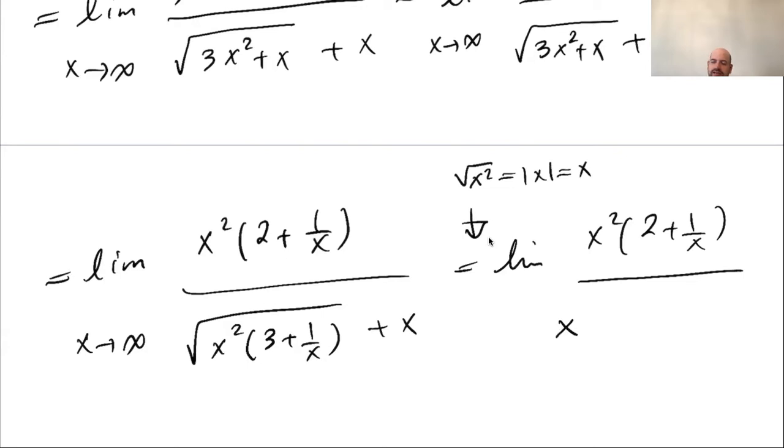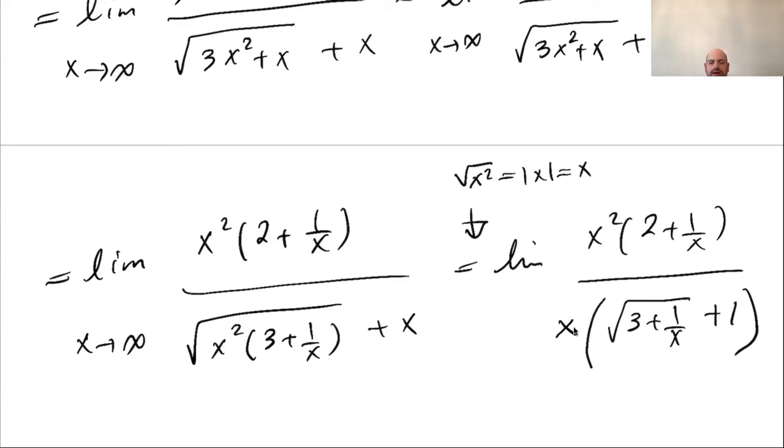After it comes out of the square root, x will come out. This is also x. So 1x here, 1x also here. I can take x out. And what will be left inside? It will be square root of 3 plus 1 over x, plus 1, right?